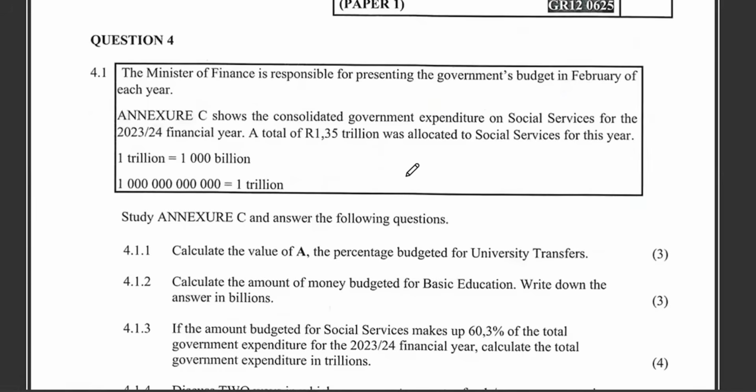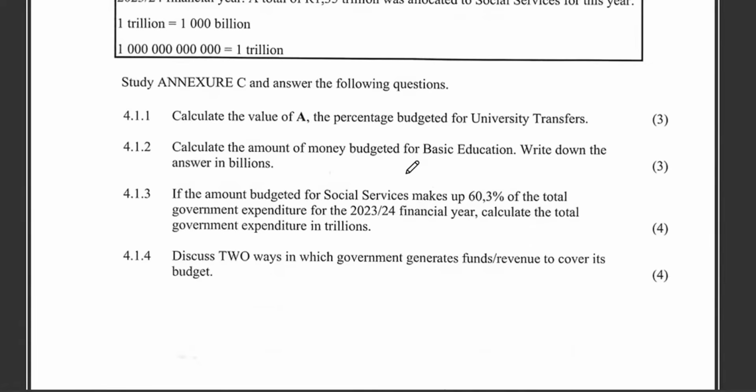Annexure C shows the consolidated government expenditure on social services for the 2023-2024 financial year. A total of 1.35 trillion was allocated to social services for this year.